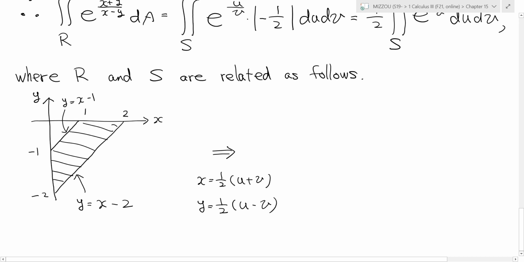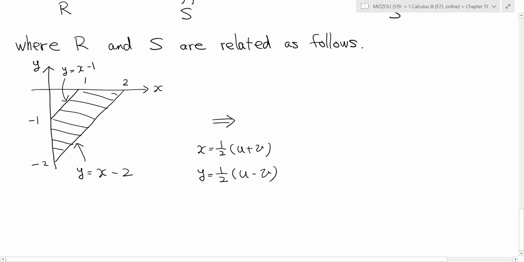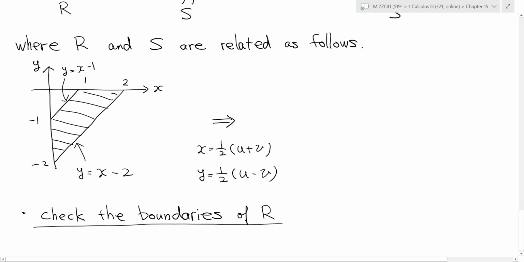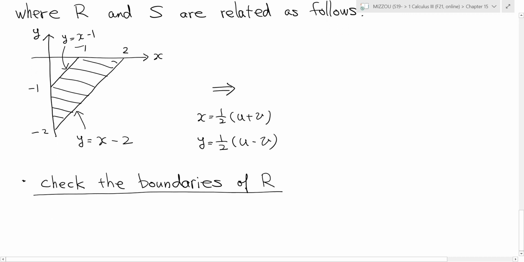Well, the way to do it is basically to check the boundaries, so to speak. Namely, there are 4 boundaries, here, here, here, here. So basically we have a trapezoid like this, right? And what we need is to determine how those 4 boundaries of the trapezoid change in terms of u and v. The first one is this one. Let's just look at this one.